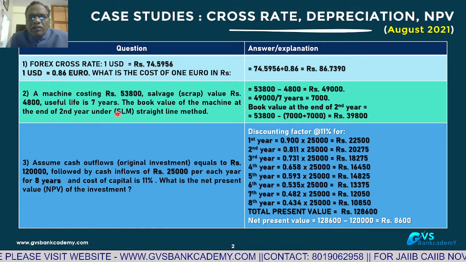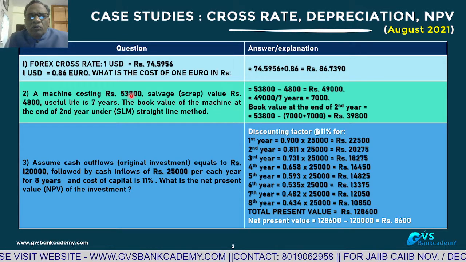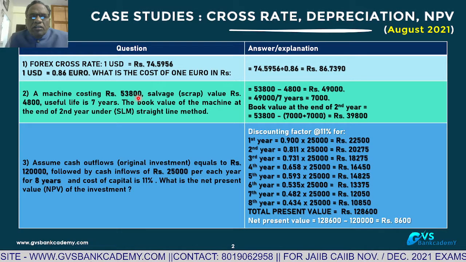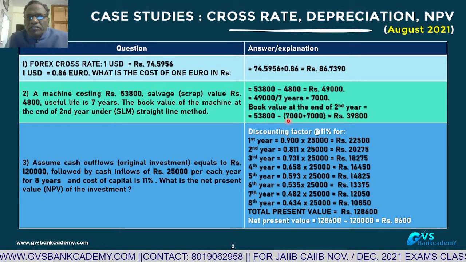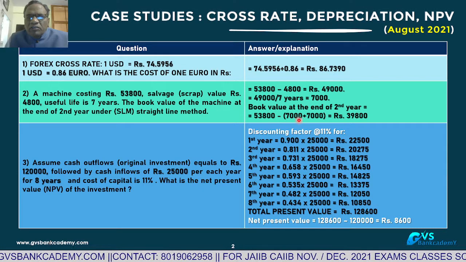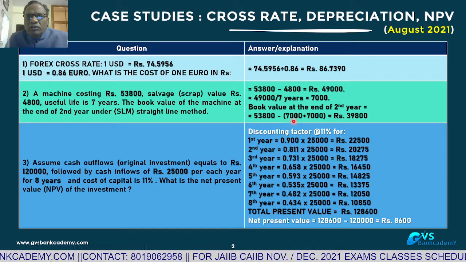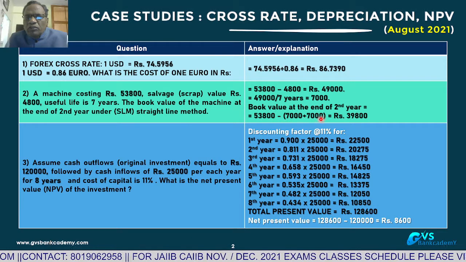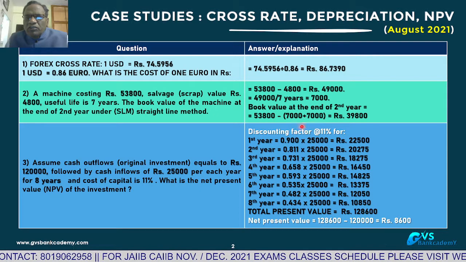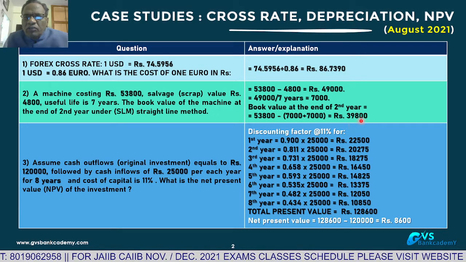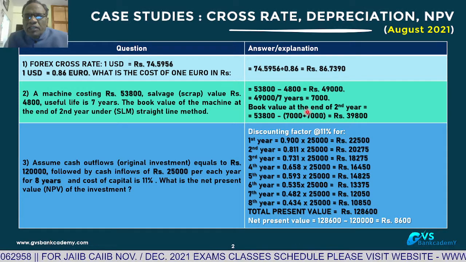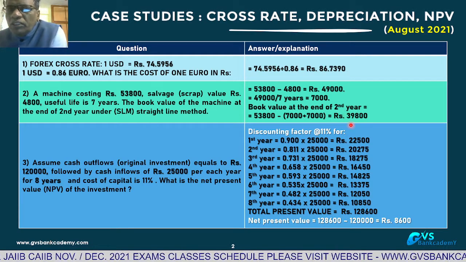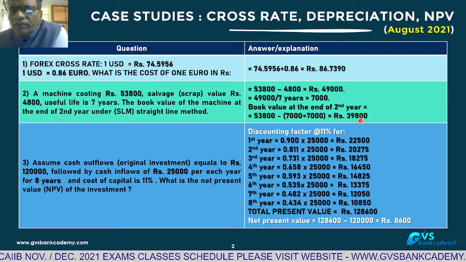After completion of the second year, the original cost of the machine is 53,800, minus first year depreciation of 7,000, minus second year depreciation of 7,000. So you deduct 14,000 from 53,800, which is equal to 39,800. So the book value of the machine at the end of the second year is 39,800.